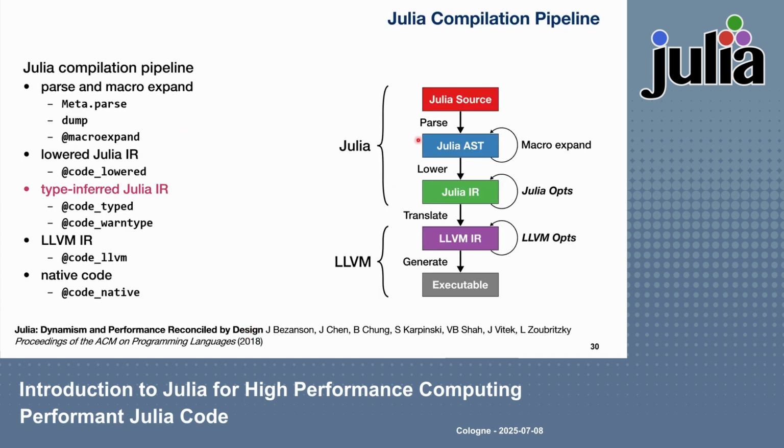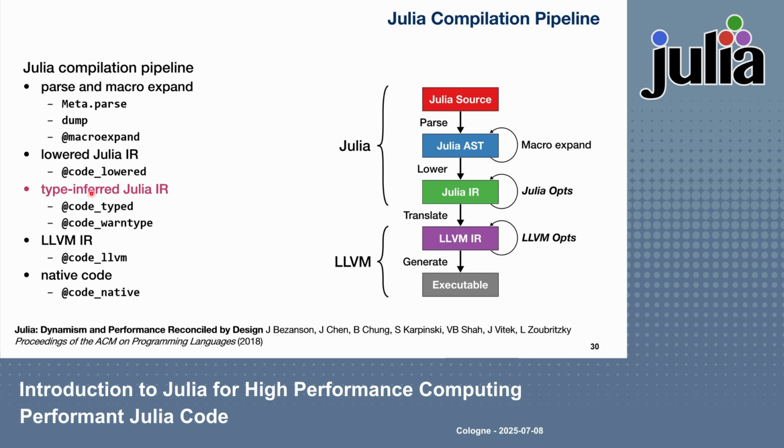So here is the summary of the Julia compilation pipeline. As you can see, there are several steps: parse the Julia code, lower to Julia IR, then LLVM IR, then native code. But the key step that we care about is the type-inferred Julia IR.